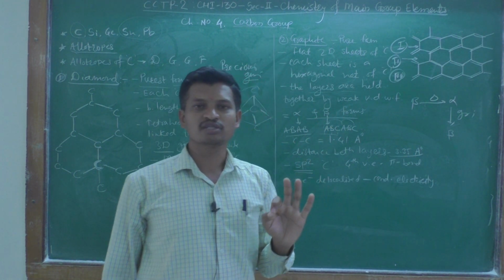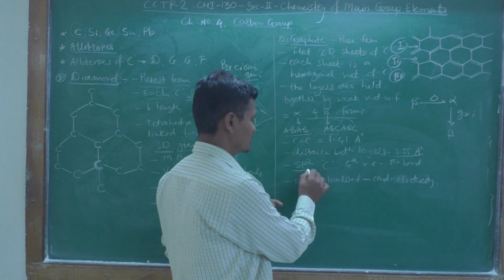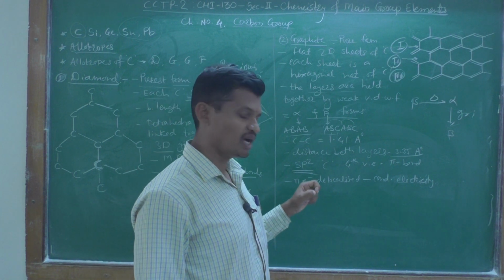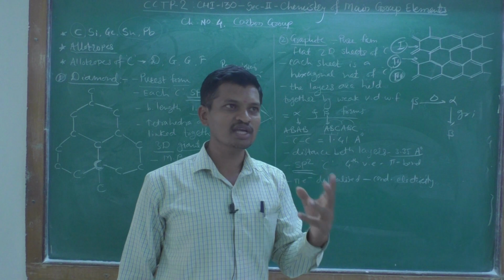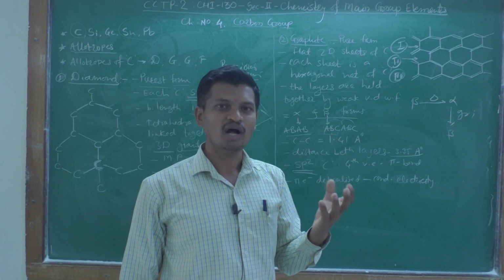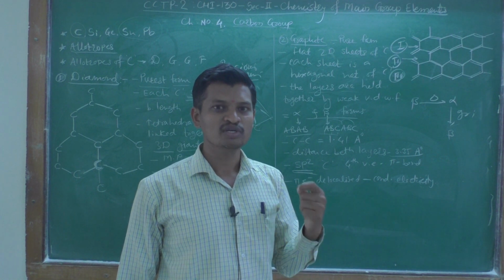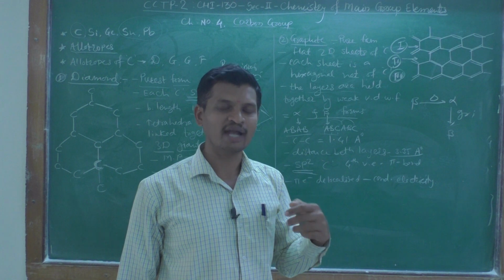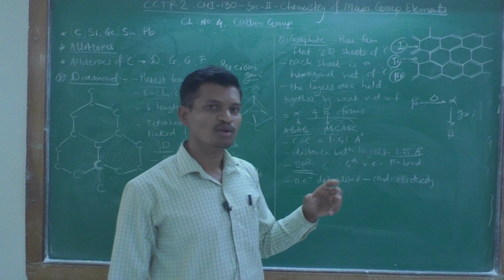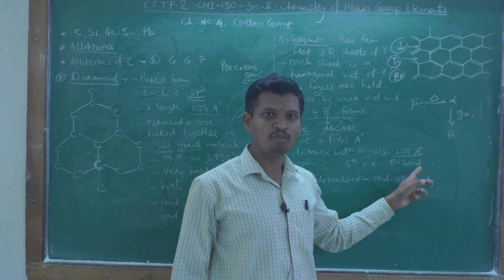Each carbon atom in graphite is sp2 hybridized, which means only 3 valence electrons of that carbon atom are utilized to form sigma covalent bonds, and the fourth valence electron is used for the formation of a pi bond.